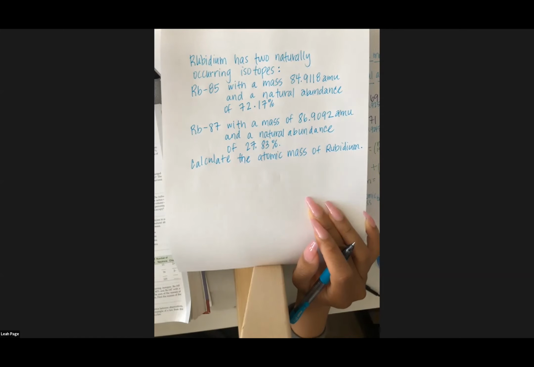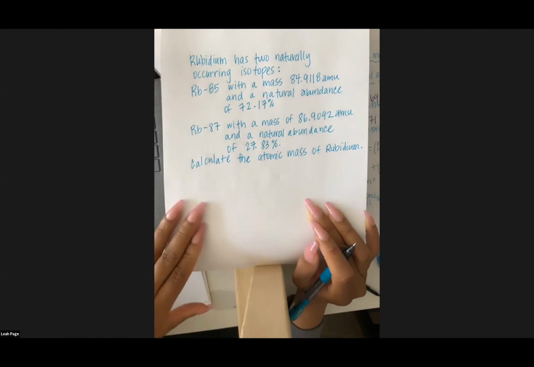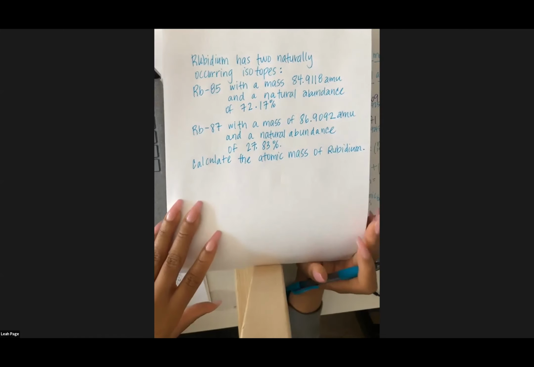So this is the question. We have 2 isotopes, rubidium 85 and rubidium 87. Let's use the equation to calculate the atomic mass of rubidium.